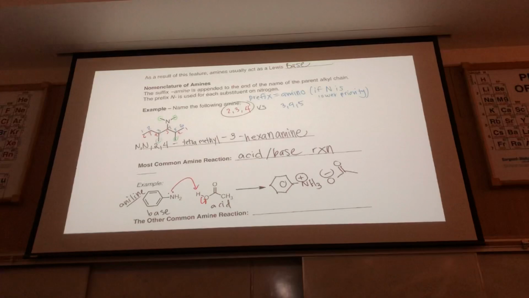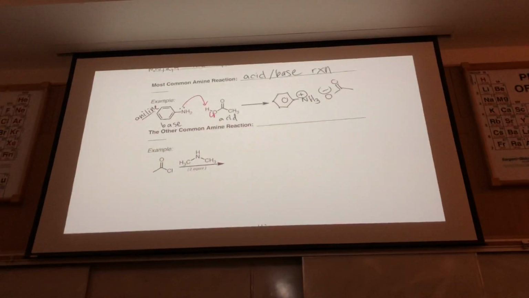Okay, the other role, as you probably guessed: something that could be a base can also be a nucleophile, in other words, a Lewis base, something that attacks something other than a proton. Here you can see the lone pair is still there, but we don't have the protic reagent present.